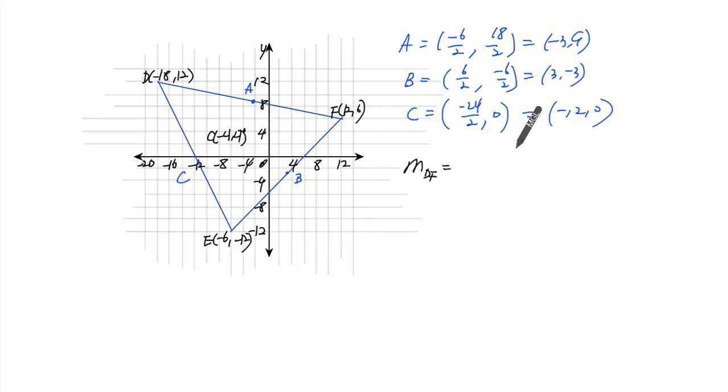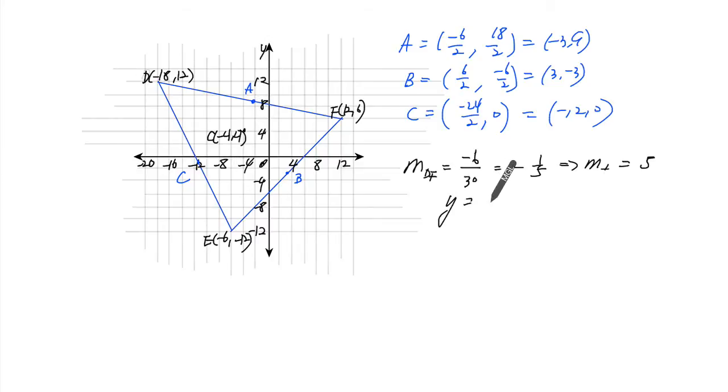That's going to be 6 minus 12, which is minus 6, over 12 subtract negative 18, which is going to be 30. So this is minus 1 over 5, which means the perpendicular slope is going to be 5. Okay, so using this and point A, I can get the first bisector.